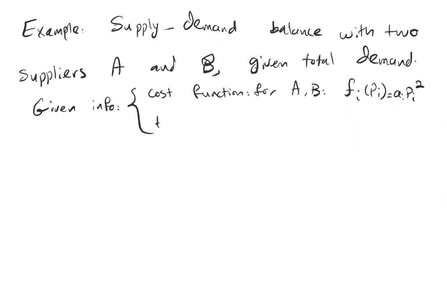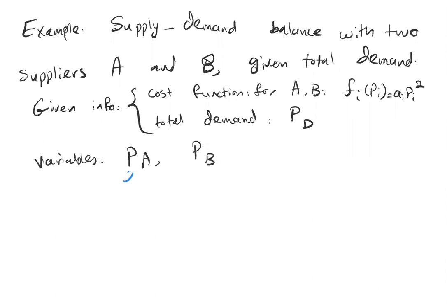And your total demand that should be satisfied using these suppliers is P_D. Our variables are P_A and P_B, where P_A is the total production of supplier A, and P_B is the total production of supplier B.